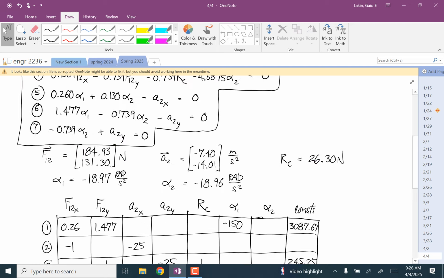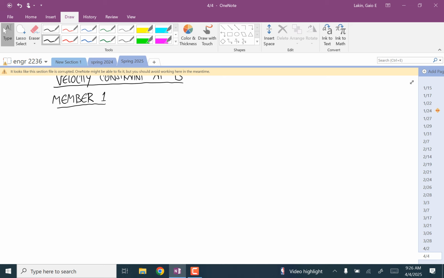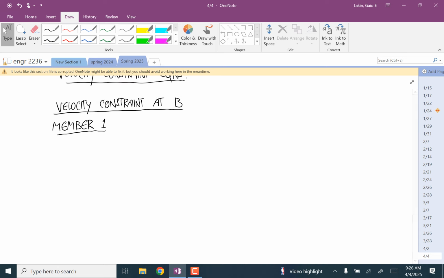So remember that the velocity of a point in circular motion is omega cross r. Omega is 0, 0, -5. That was given. And r is the vector from the center of the circular motion to the point B.